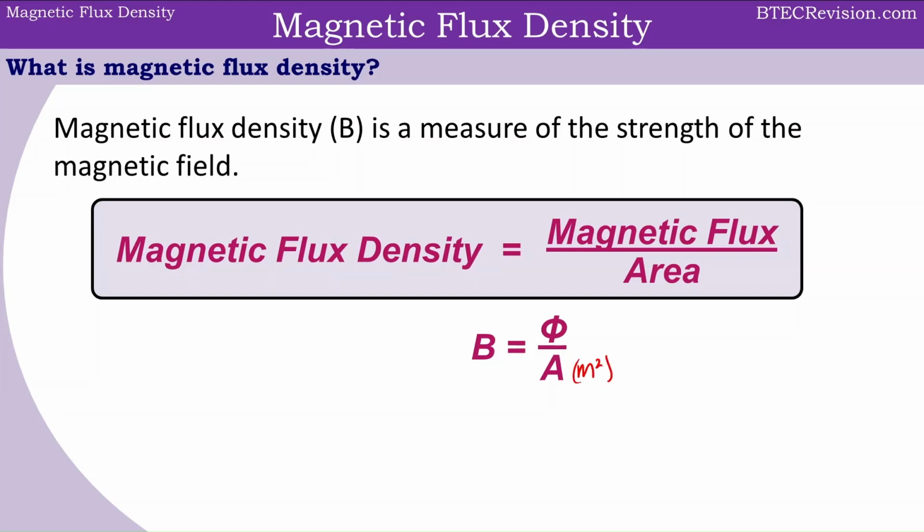Phi stands for magnetic flux and is measured in a unit called Webers. That's Wb for short, and Webers is spelled W-E-B-E-R-S. And B is short for magnetic flux density, which is measured in a unit called Tesla, T for short, and the spelling is T-E-S-L-A.